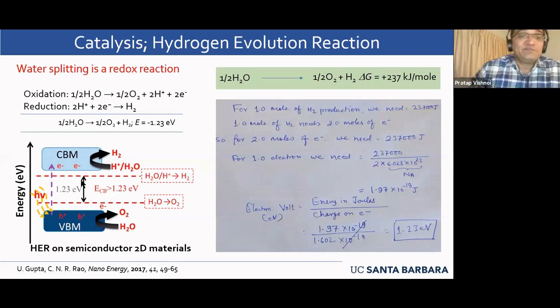Well, so what we need is semiconductor. This gap is called band gap for semiconductor. And it has to be more than 1.23 electron volt, or in terms of joule, 237,000 joule.